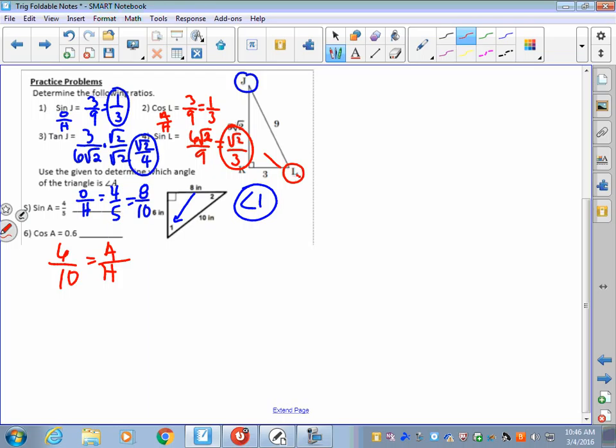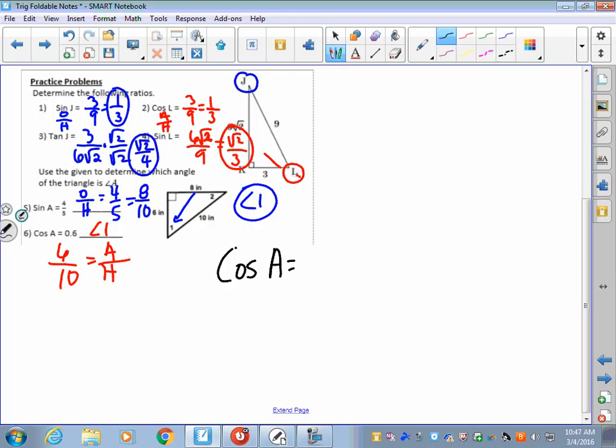So who's adjacent to 6? Angle 1. So really, you didn't have to do the second one, because you already knew the answer. But those are just two ways of doing it.